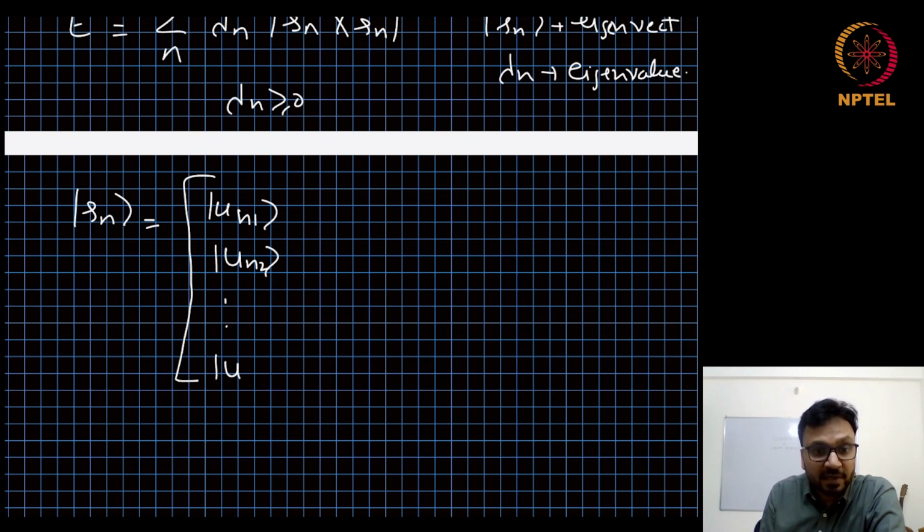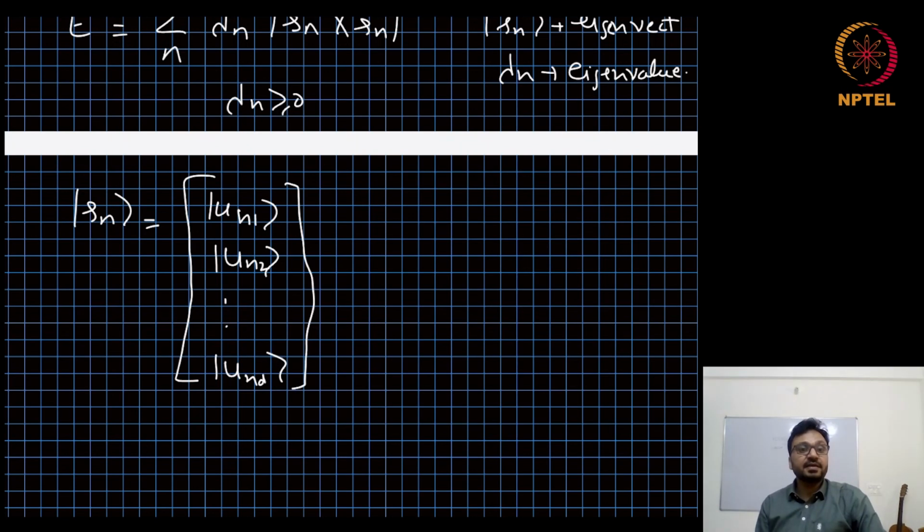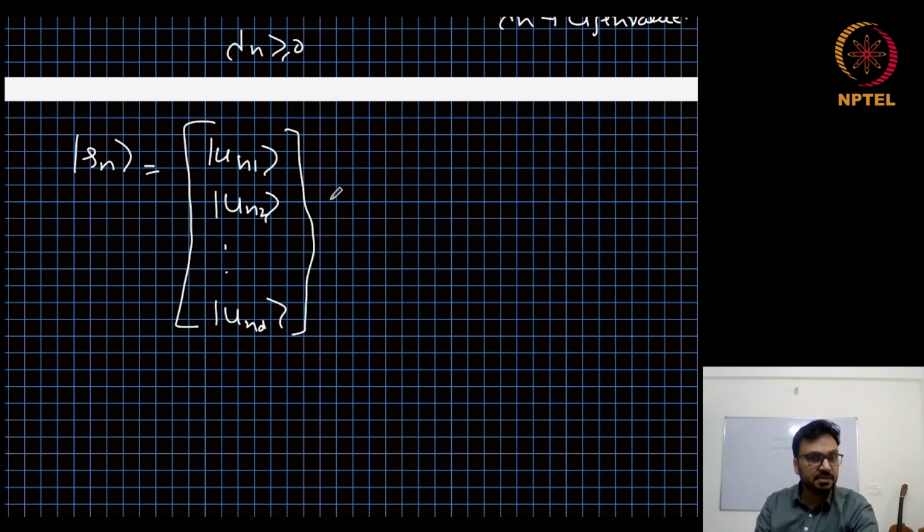They're all unnormalized. There are D vectors of D dimension each, and we are calling them un1, un2, un3, and so on, just for the ease of calculation.